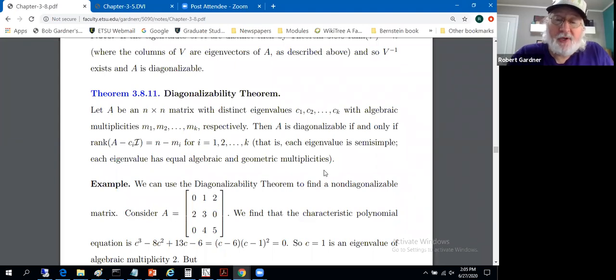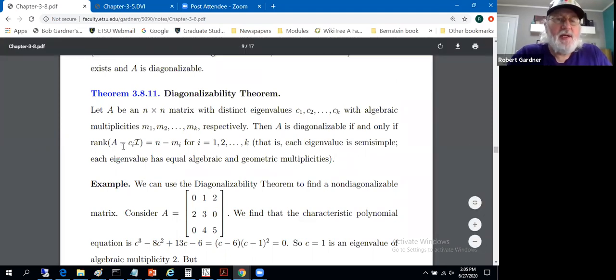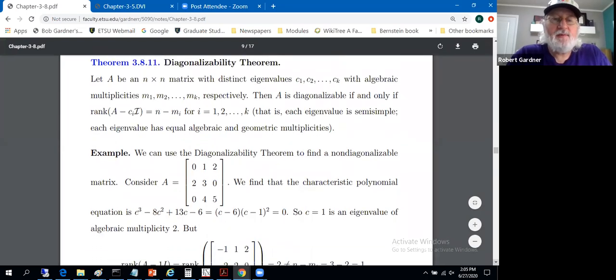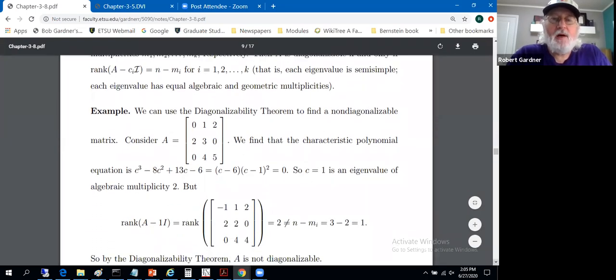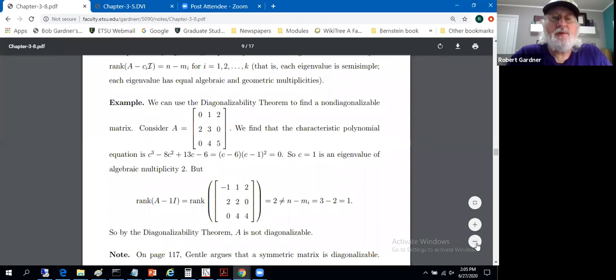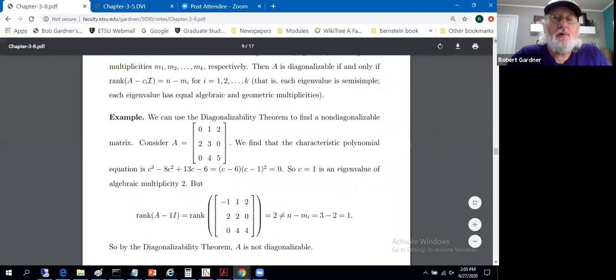And the geometric multiplicity is related to the dimension of something or other. It's a little indirect in how it's spelled out here, but more of that when we explore null spaces. Okay, we can use this result to show that a matrix is not diagonalizable.